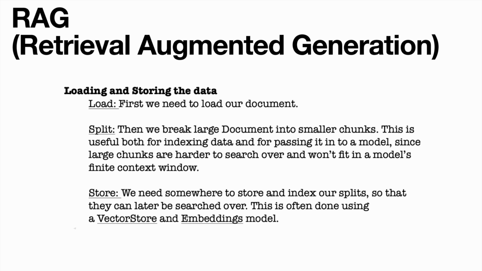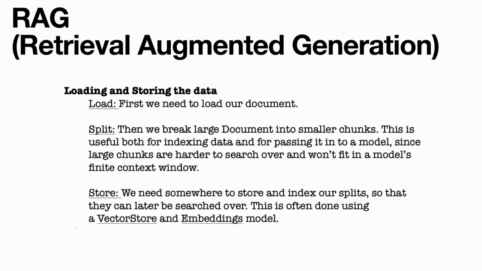This window is not infinite, right? So if we feed a large document that doesn't fit in that context window, then the LLM will not be able to answer from that. That's why we break large documents into smaller chunks.